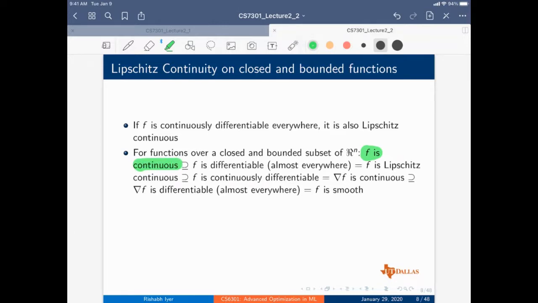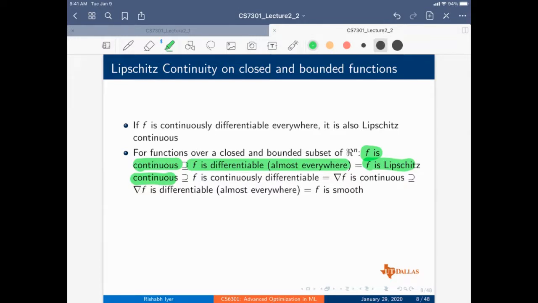Okay. So the class of functions where f is continuous is a larger set compared to the class of functions where f is differentiable almost everywhere, which is equal to Lipschitz continuity. So Lipschitz continuity means f is differentiable almost everywhere. There can be some points where it's not differentiable, right?